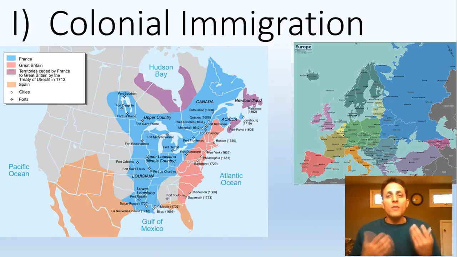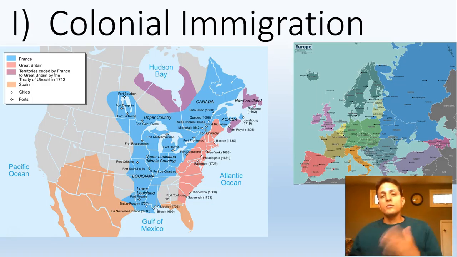So as far as colonial immigration, this is something that most people don't think of. So again, remember time periods. Colonial immigration, we're talking about 1492 all the way up until the foundation of the country, 1776. We're not really going to focus too much on it, but the first thing you want to remember is that there's different European powers involved here.